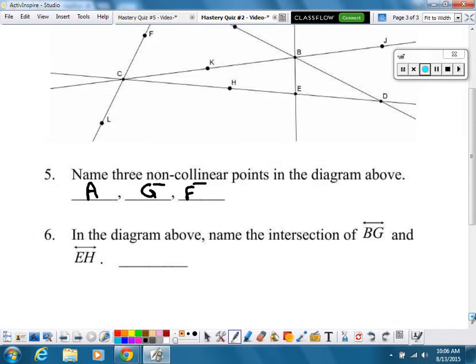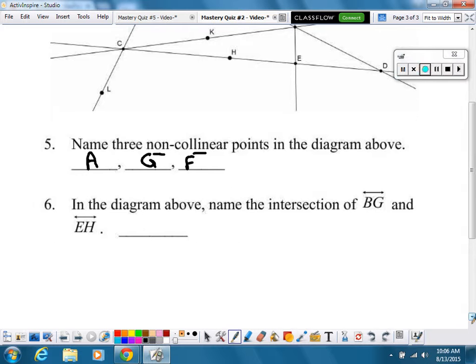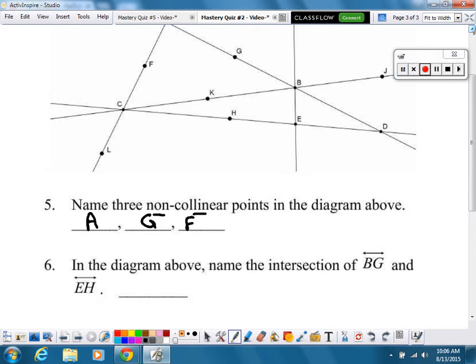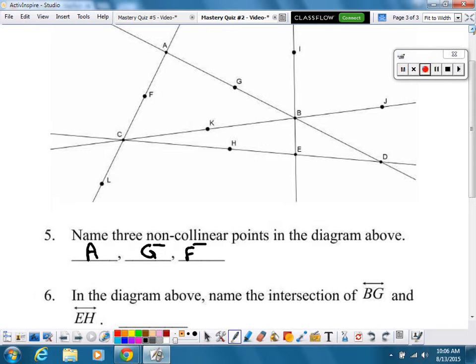Our last question, number 6, in the diagram above, name the intersection of line BG and line EF. So let's go back to our diagram here, take a quick peek. We got to find line BG. Line BG would be represented by this line right there.